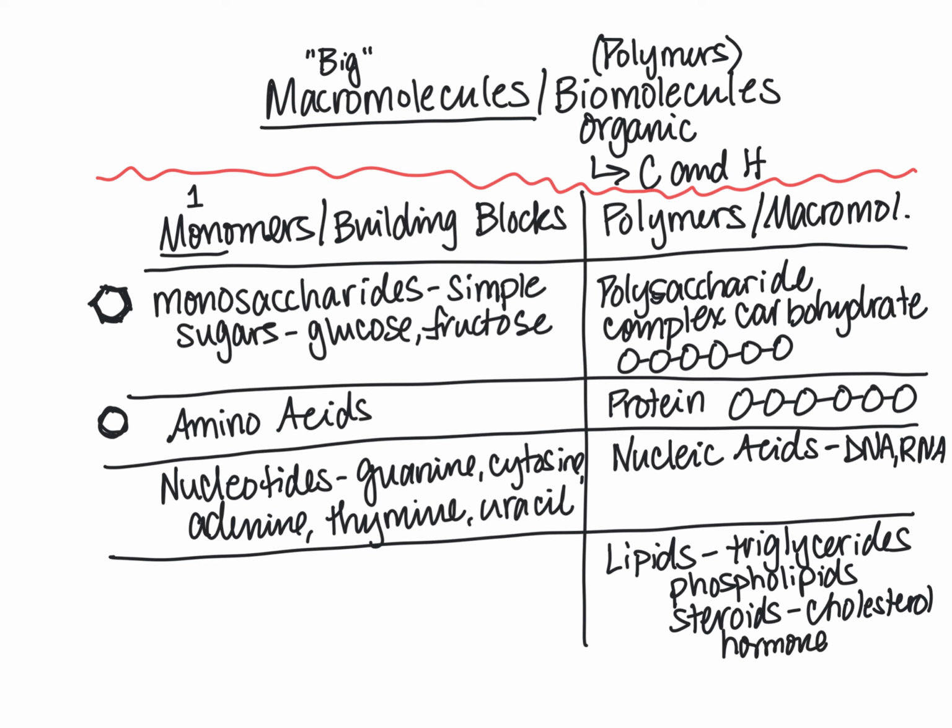Steroids are kind of their own thing structurally. But if we take a look at triglycerides and phospholipids, I'll put a little star there. They typically have a glycerol molecule attached to some fatty acids, or fatty acid chains, we'll say.